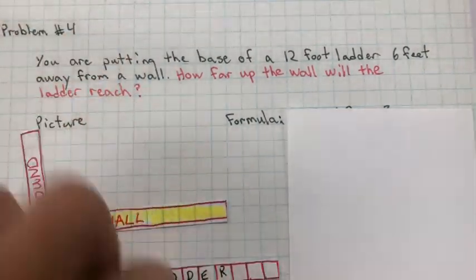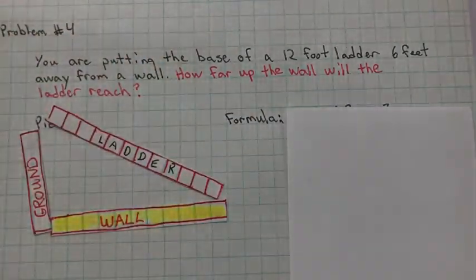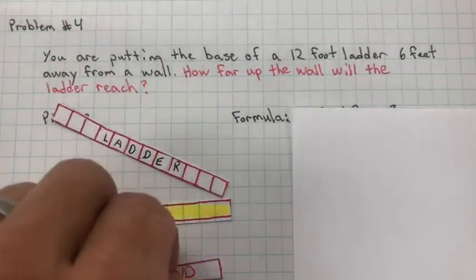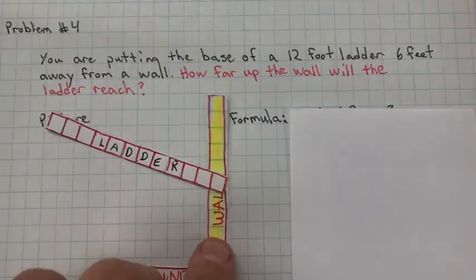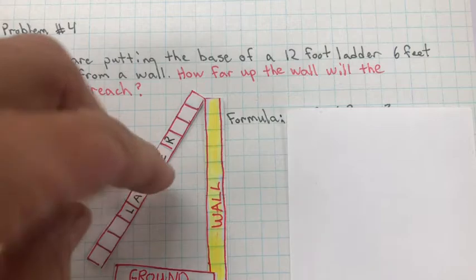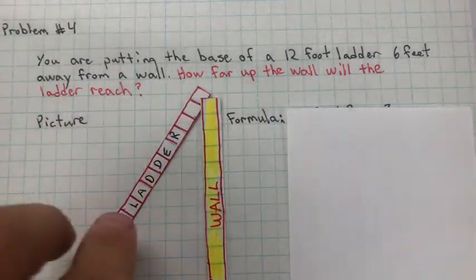Or they would go like this and not really thinking about it. So remember, if you think ground is here, a wall is going to be vertical, and then you have a ladder up against the wall on the ground.